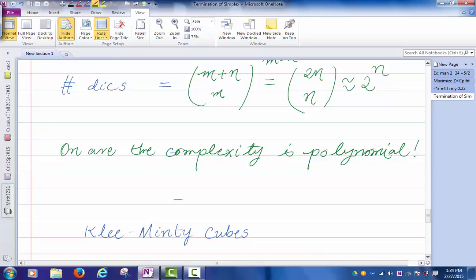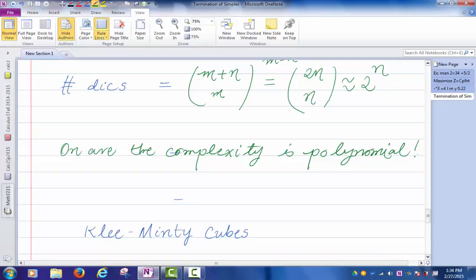And this is exactly why the simplex method has been widely used in the industry, in engineering, and many other places, because this is on average. It seems like it works out really nicely. Even though the worst case scenario is bad, on average it works really well.